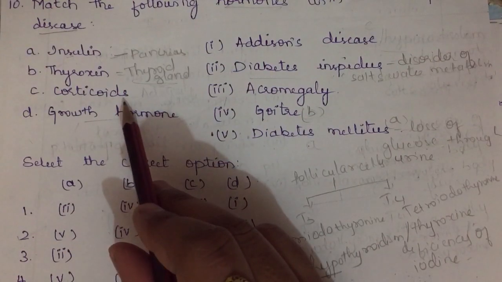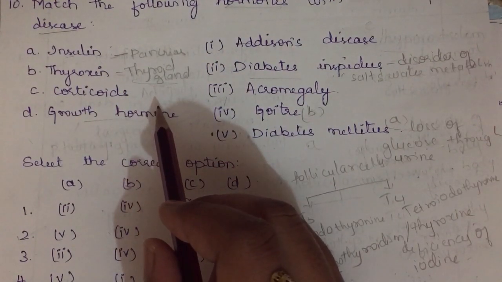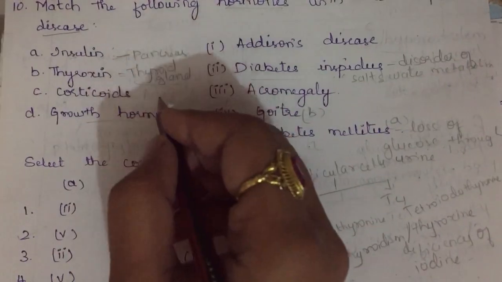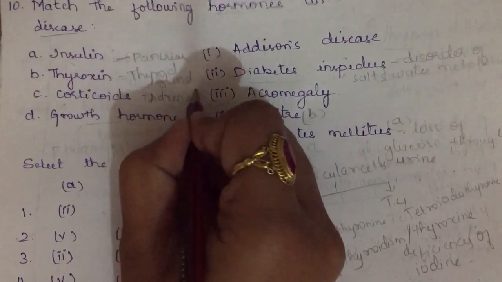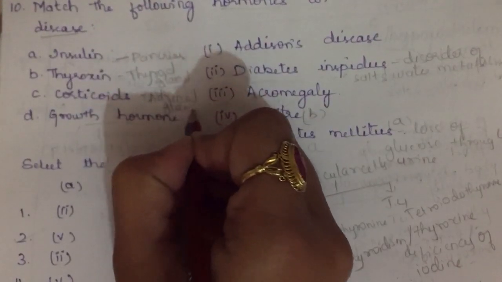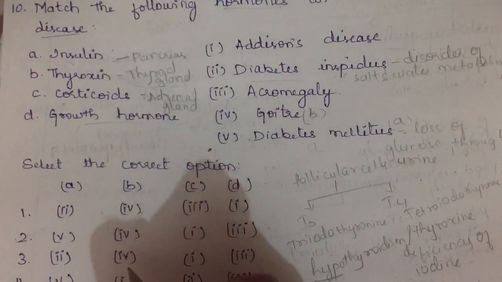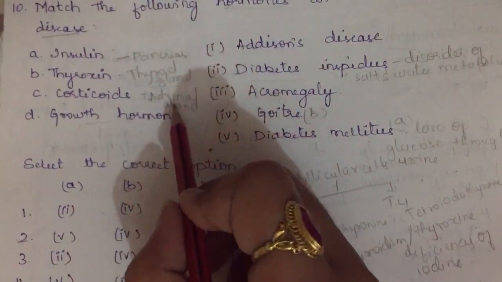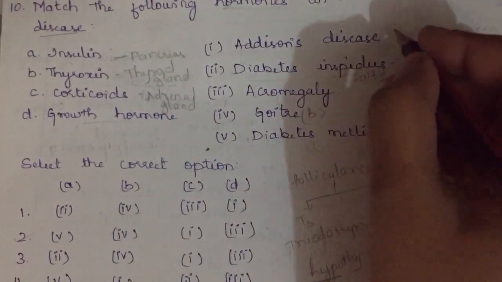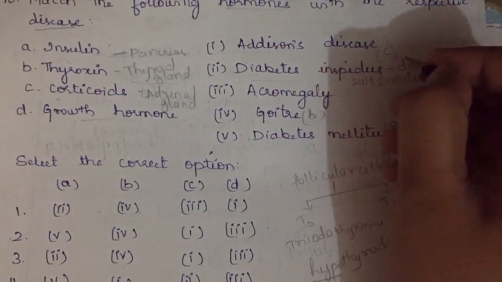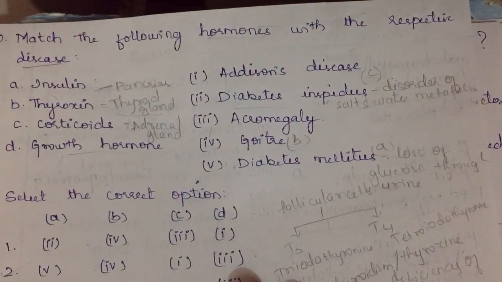Next, corticoids. Corticoids are the hormones which are produced by the adrenal gland. By the name of the gland itself you can identify that it is Addison's disease. So Addison's disease, it is C. What is Addison's disease also known as?